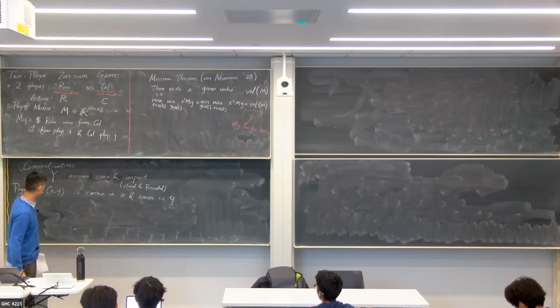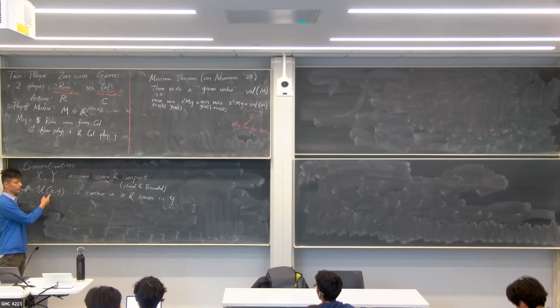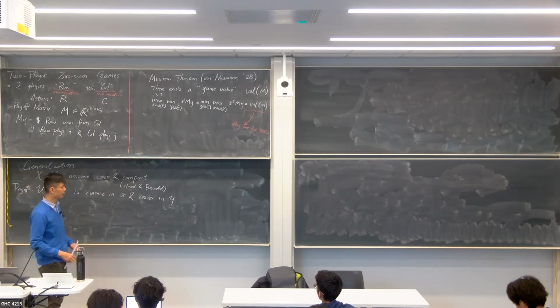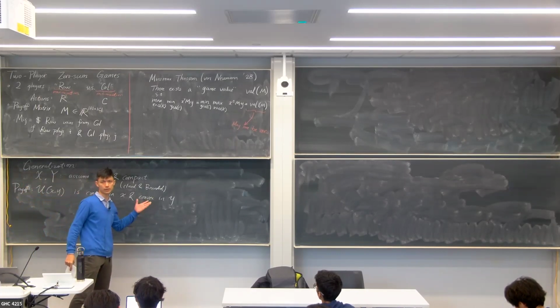Okay. Vice versa, right? If I fix X and look at it as a function of Y only, it should be a function that is convex in Y. Okay.